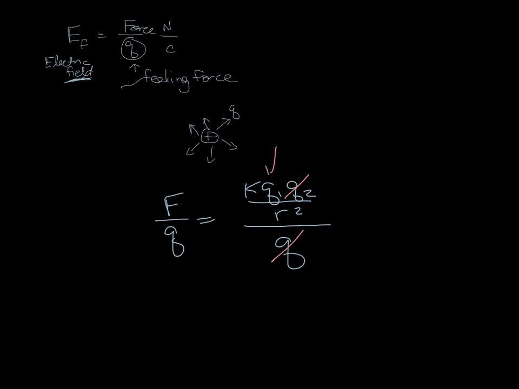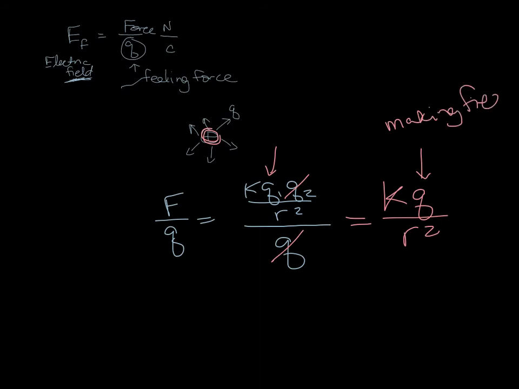So this Q is the other charge. This Q is this guy right here, the one making the field. And so our equation becomes KQ over R squared, where this Q is the Q making the field. It's the one that is in the center. Remember, it's our center guy here.